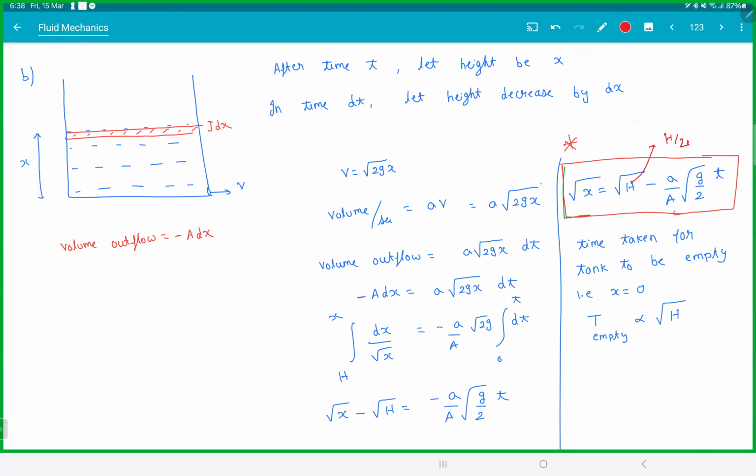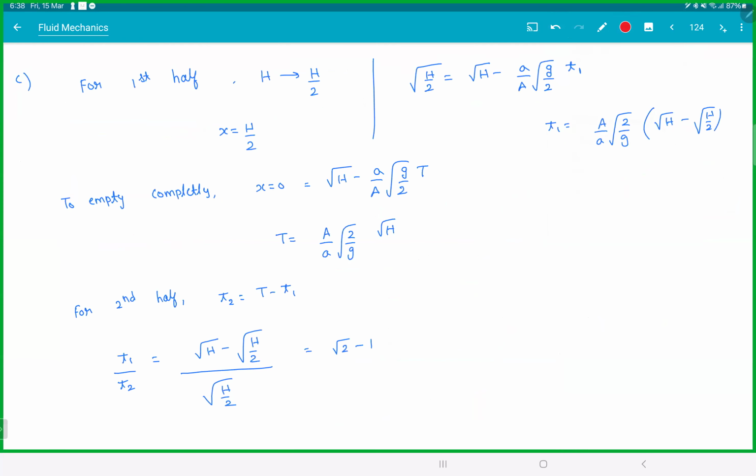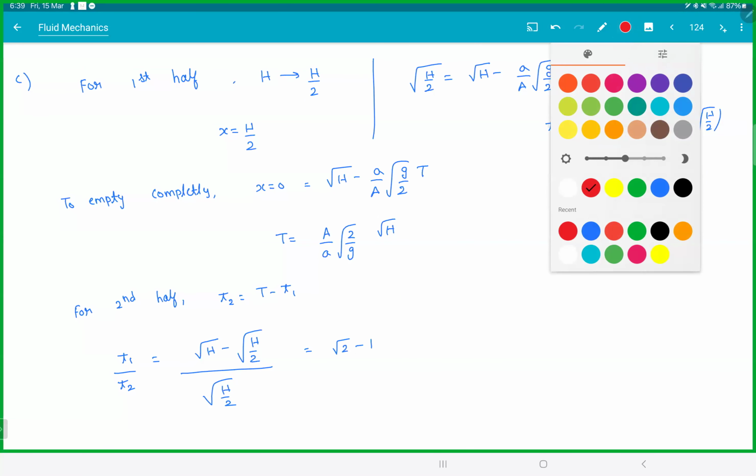You can assume the water height is H by 2 initially. That means this height will be H by 2, this will be 0, and you'll get T2 from there also. That also works. Make sense? Whichever you are confident and convenient with, it is for you. I don't like that because I'm scared I will mess up. I like to take full time and subtract. Even though it is a little lengthy, I'm more confident.